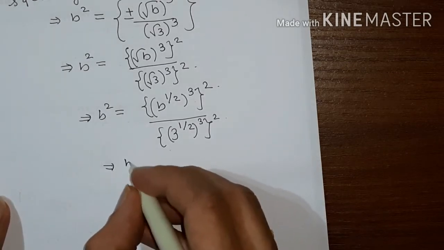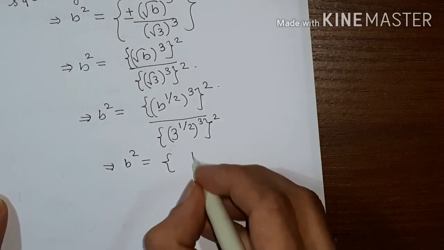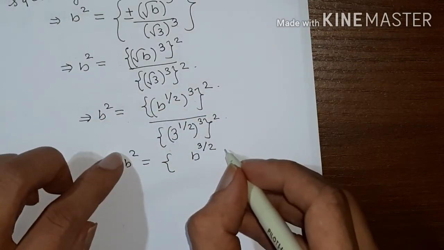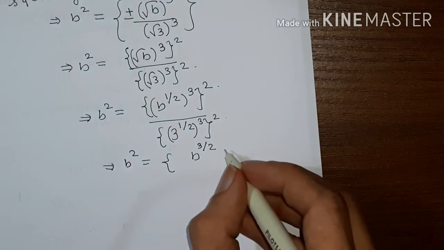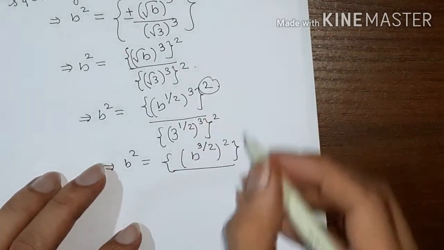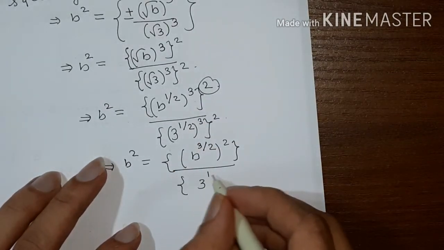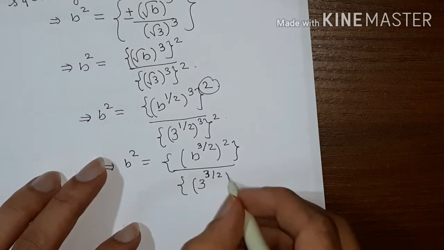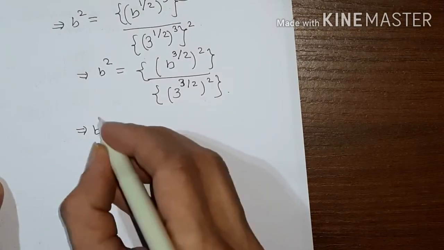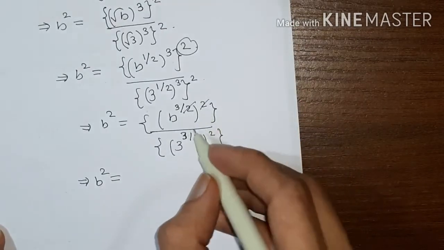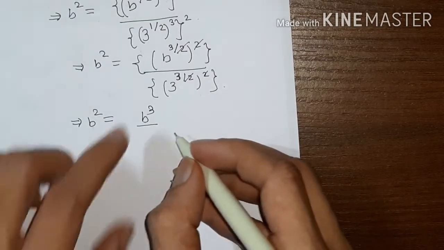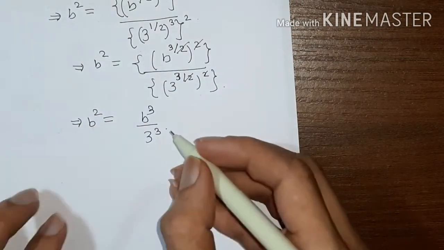So what we are getting is b square equal to b raised to 3 by 2, because b raised to half, the whole cube is b raised to 3 by 2, the whole square, and here it is 3 raised to 3 by 2, the whole square. So that means b square is equal to, 2 and 2 will get cancelled, so you will get b cube divided by 3 cube.